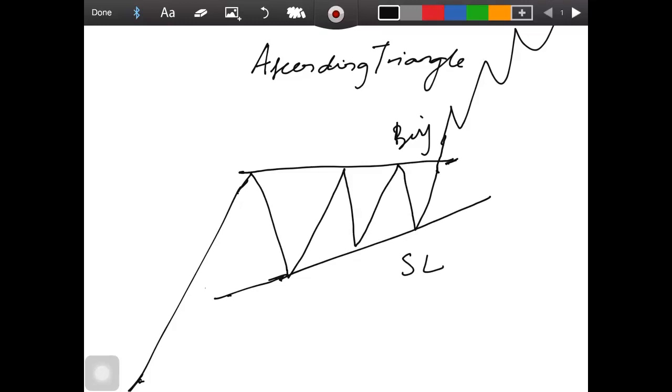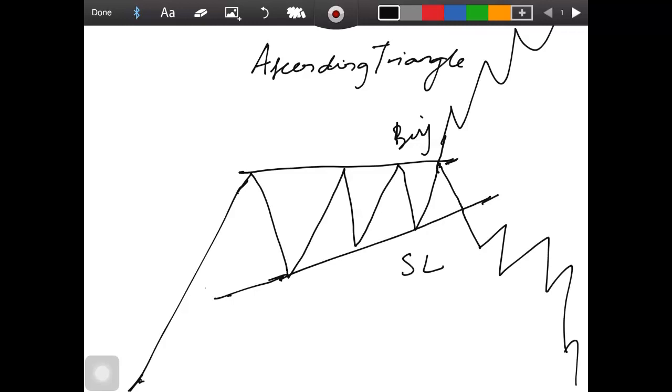But an ascending triangle will not always continue the trend. Many times your ascending triangle will fail, because of course the big players in the market will want to deceive you. You can see something like this: price breaks below the lower ascending trend line and the support. Once the continuation move fails, in every likelihood this is going to form a big reversal pattern.